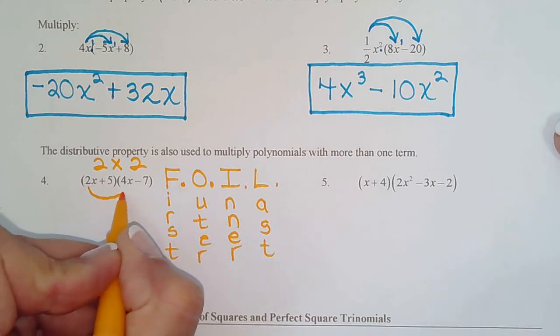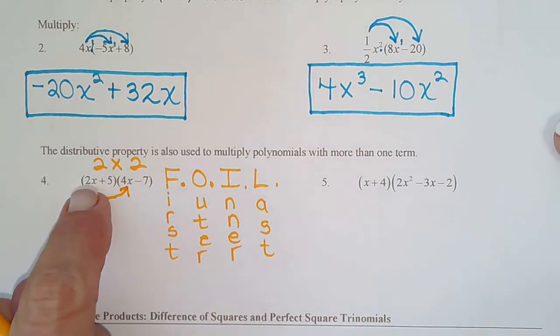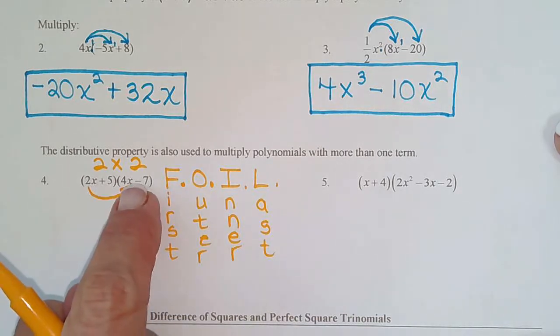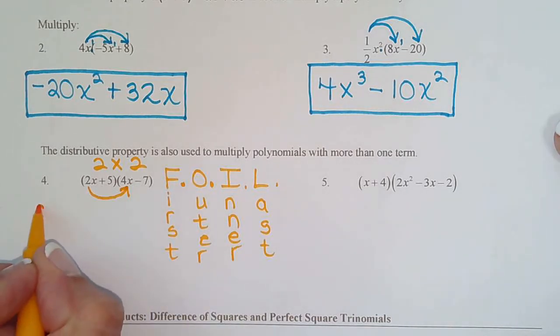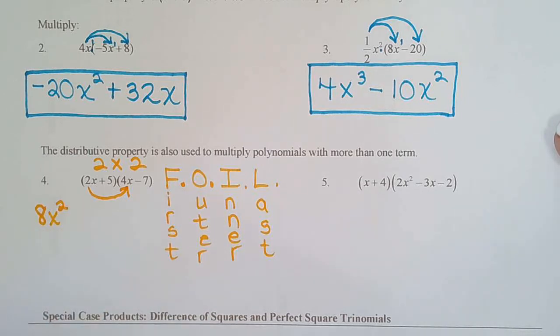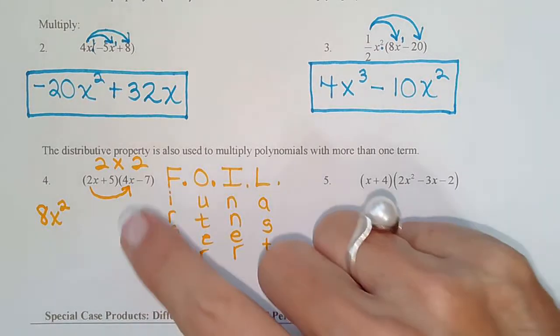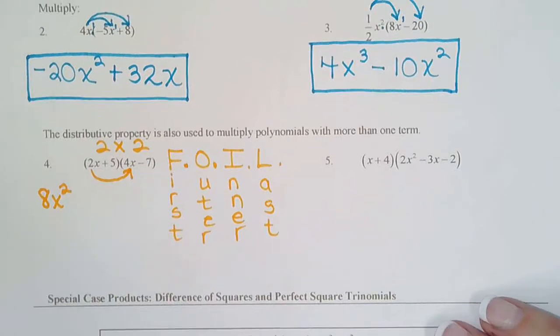So my F will be here. F means first term in the first parenthesis times first term in the second parenthesis, and that is 8x squared. And if I had a top 5 most used things in your life of math, foiling would definitely be one of them.